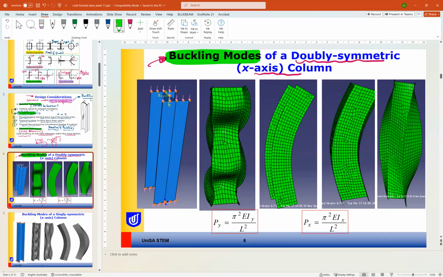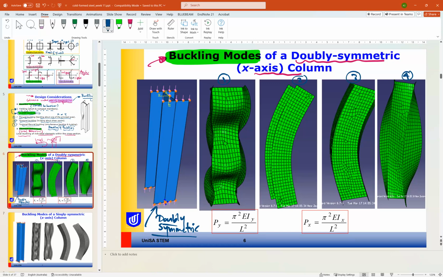As you can see, here are four modes of failure for this doubly symmetric column: mode 1, mode 2, mode 3, mode number 4.